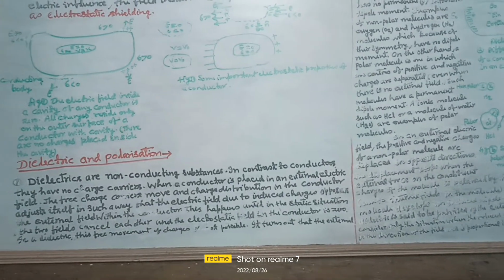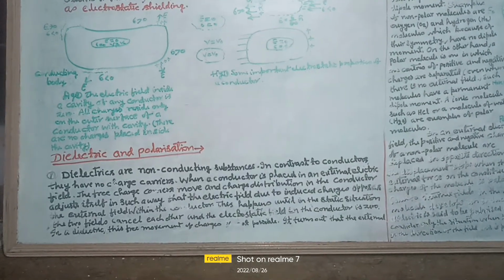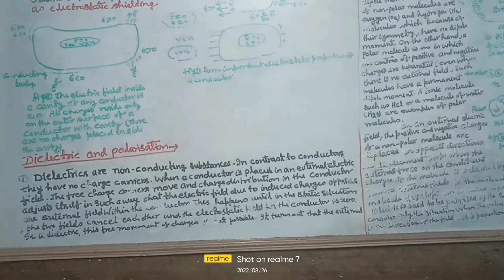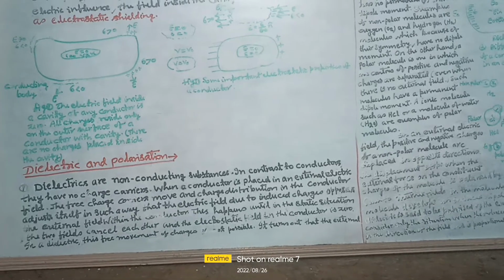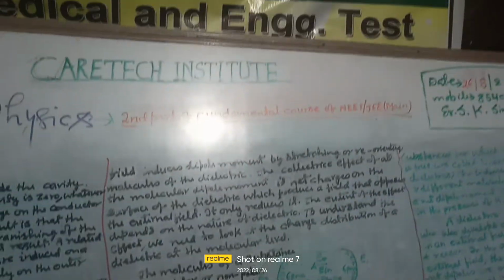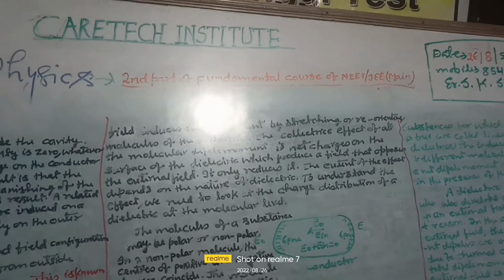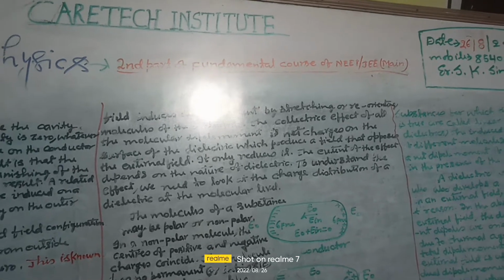In a dielectric, this free movement of charges is not possible. It turns out that the external field induces a dipole moment by a stretching or reorientation of the molecules of the dielectric.